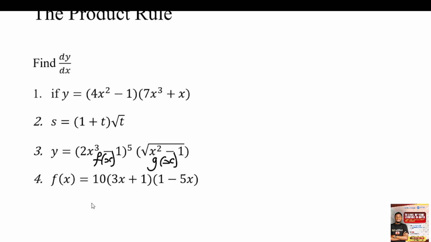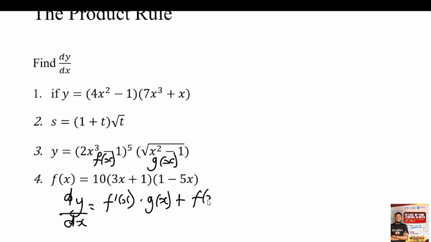So from the product rule, as already stated, our dy on dx equals, we differentiate the first one, we keep the second one constant, we add it to, we keep the first one constant, we differentiate the second one. So in this case, we have f prime of x dot g of x plus f of x dot g prime of x.